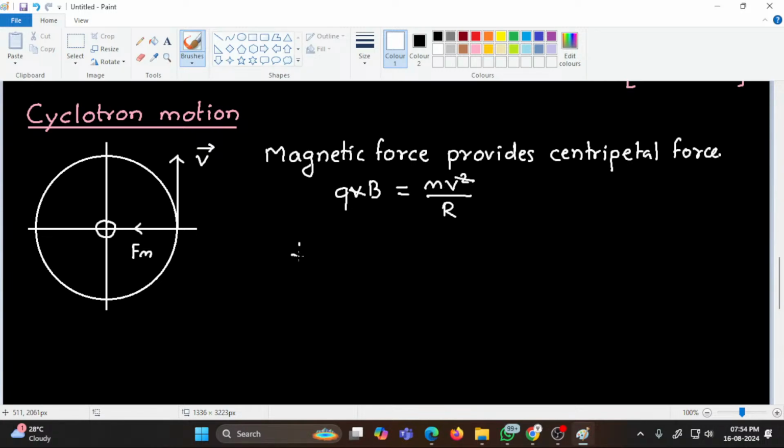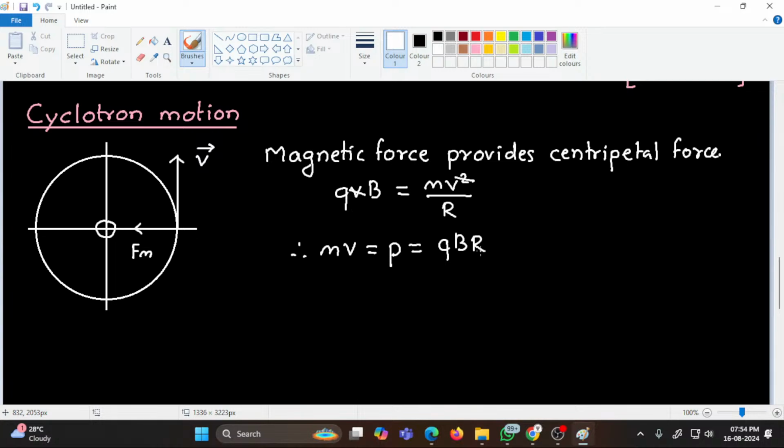One v cancels, and then mv is equal to the linear momentum of the particle, p, and that is equal to qBr.